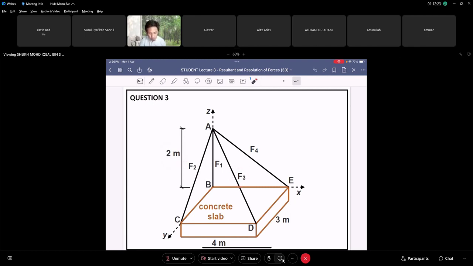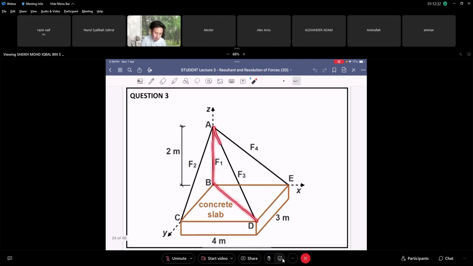Can we solve F3 with the given data? Yes, we can. If we make it into a triangle here, we can solve it if we know this line here. This one is already 2. So how to find this line here? By solving this triangle first.